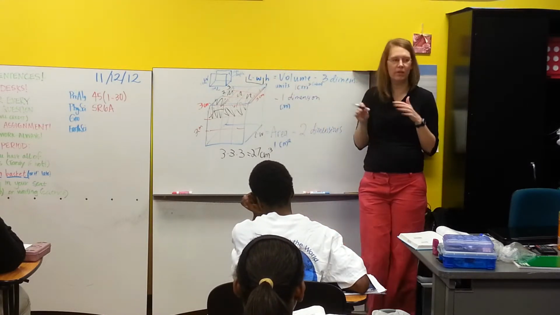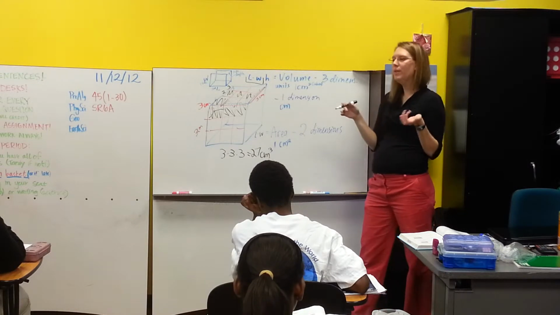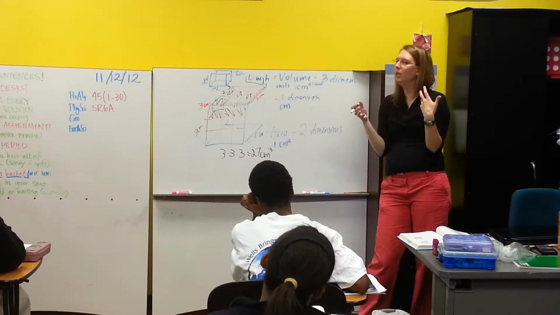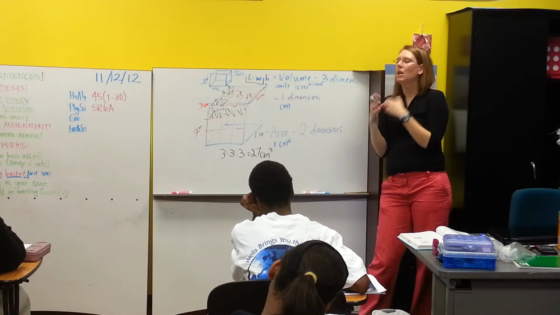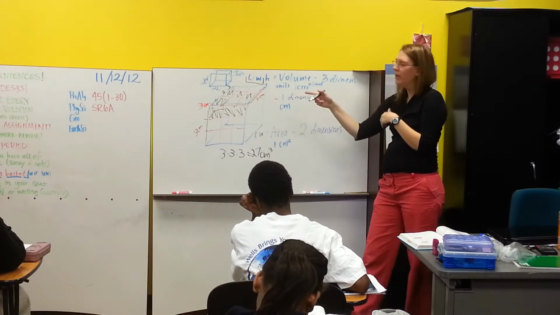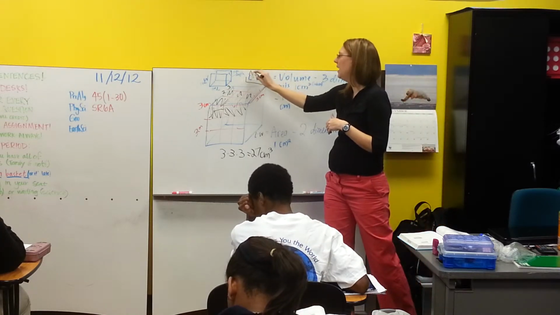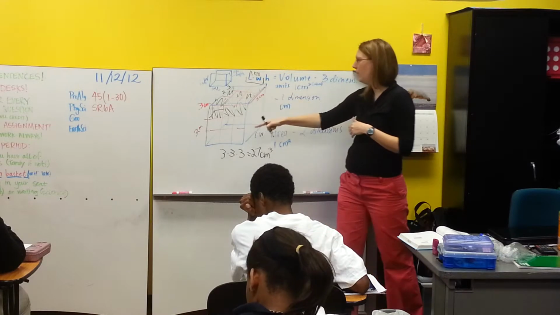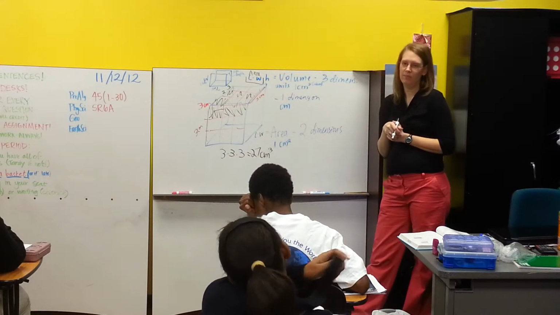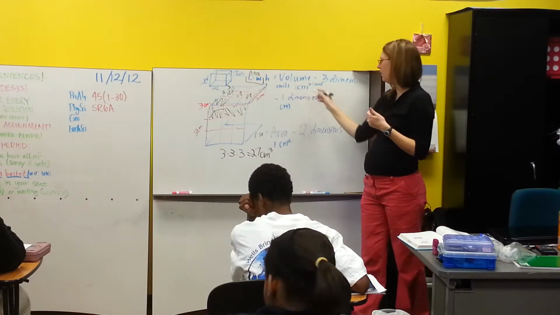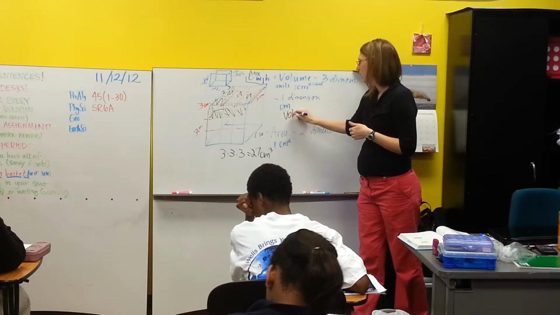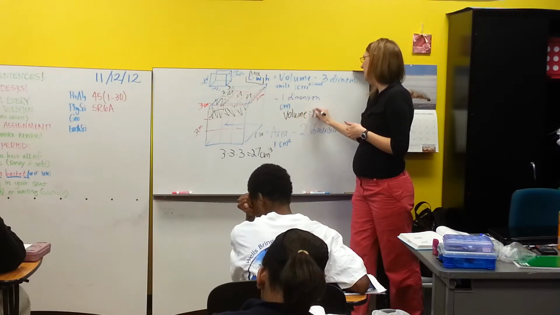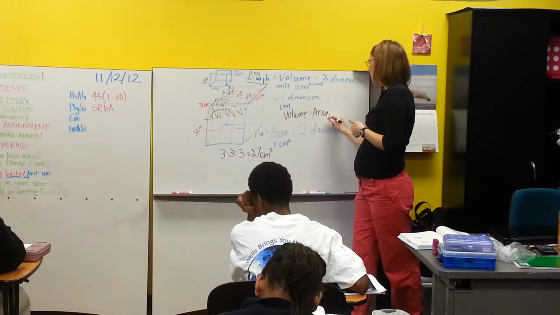We're going to give it a new formula. Rather than think length times width times height, because that only works for a regular rectangular solid, like we did here, think about this as the area of the base times the height. So the new formula we want to give to volume is the area of the base times the height.